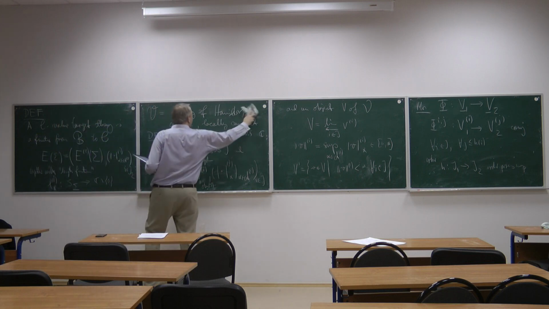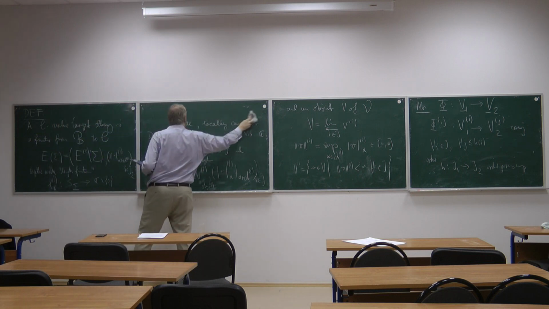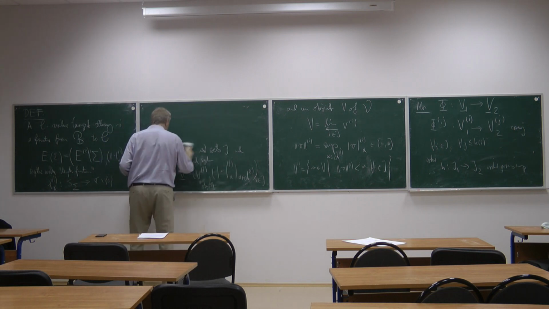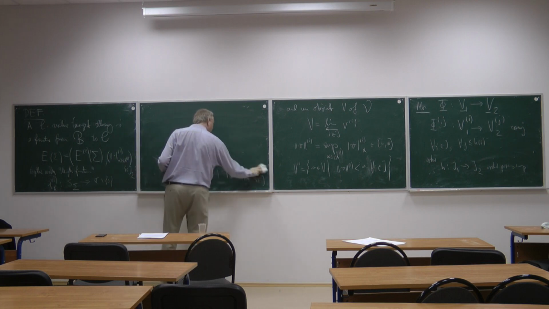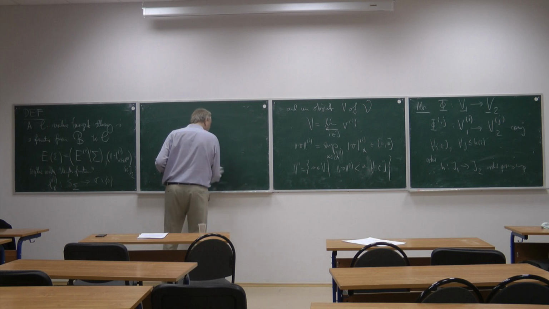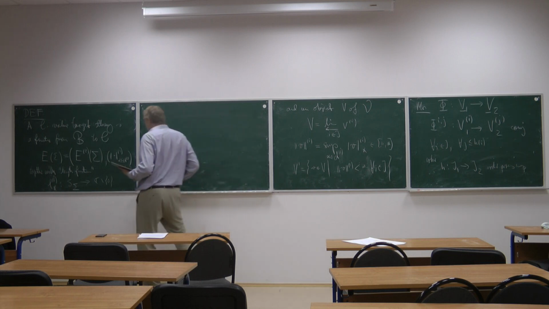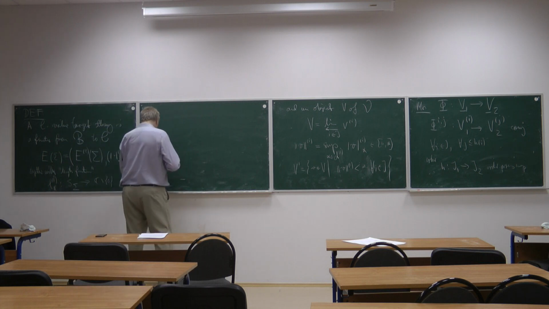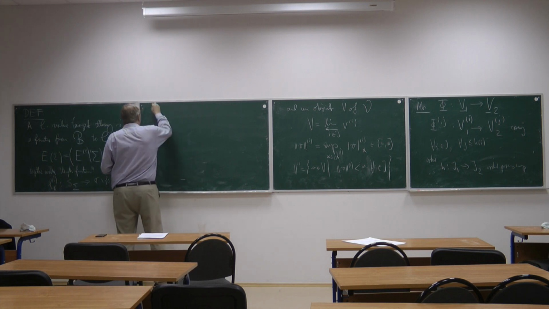Okay, but now they have to satisfy a stack of axioms. And they're not so complicated, because you can guess them from hyperbolic geometry. We look at the hyperbolic geometry example and take out exactly the properties that we need for the length functions. The first one is polynomial growth.